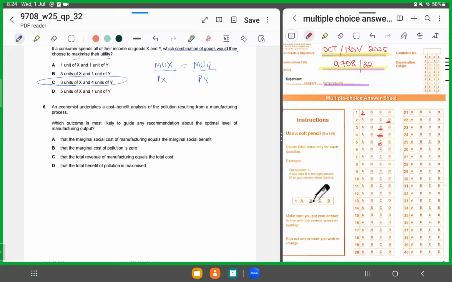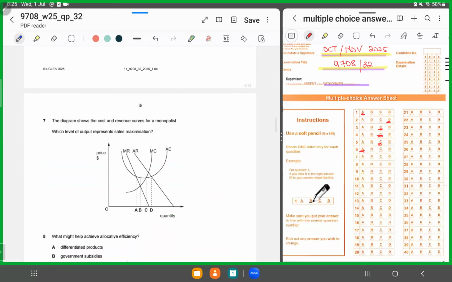So how are you going to determine the optimal level of output? Optimal level of output is where MSC, marginal social cost, is equal to marginal social benefit. So that's the very first option. So for 6, we'll shade in A.